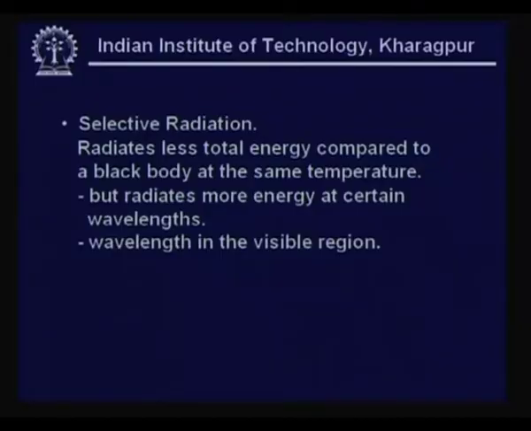On the other hand, a selective radiator radiates more energy at certain wavelengths, not all. And supposing the wavelength at which it radiates more energy is in the visible region, it will be useful for us as an artificial source of light. One such example is arc lamps.